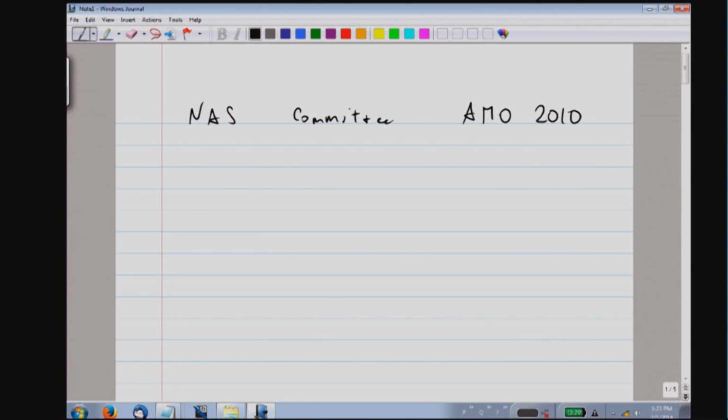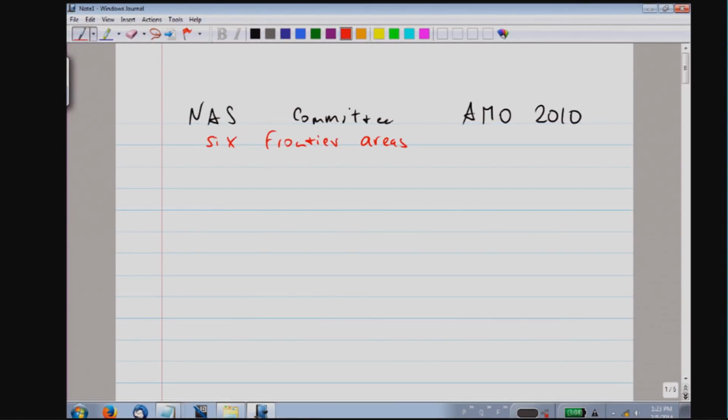Of course, we didn't predict the future, but at least to the extent possible, we summarized what are the frontier areas where we see rapid development and where it would be worth investing further. And you will actually see that a number of those frontier areas are where your research happens.